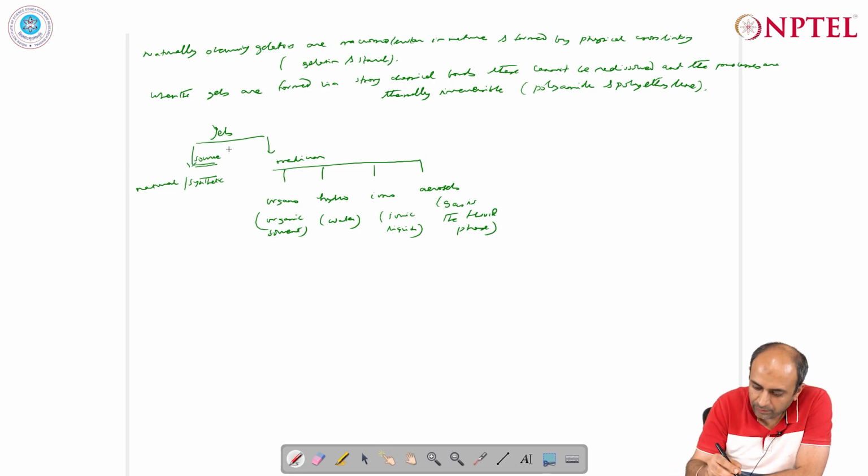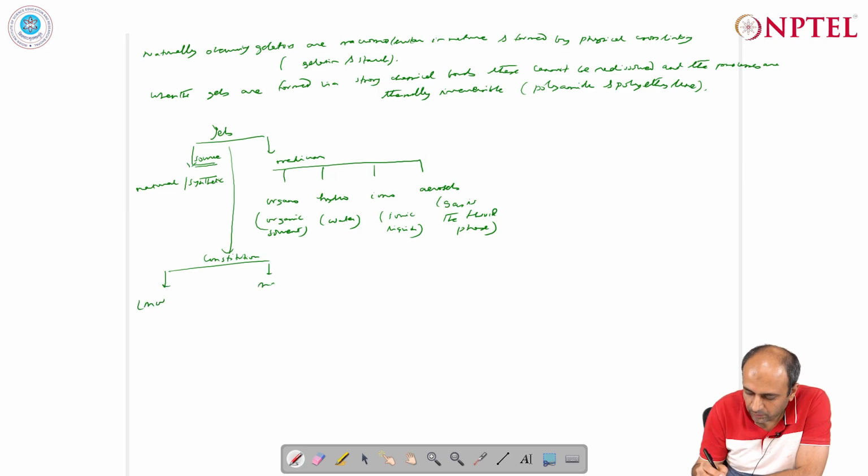And we can also have constitution, that is, we can have low molecular weight gelators, we can have macromolecular gelators, and depending upon the extent of cross linking, we can have physical cross linking or chemical cross linking.